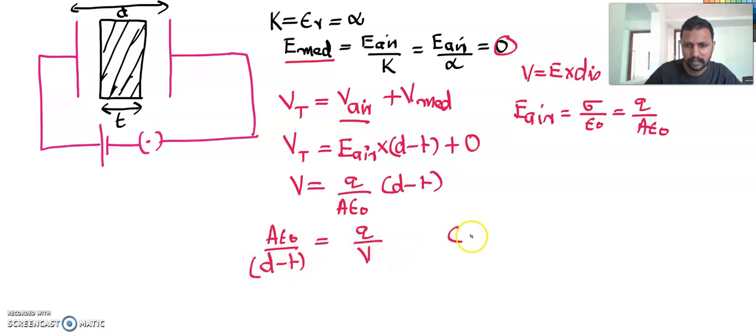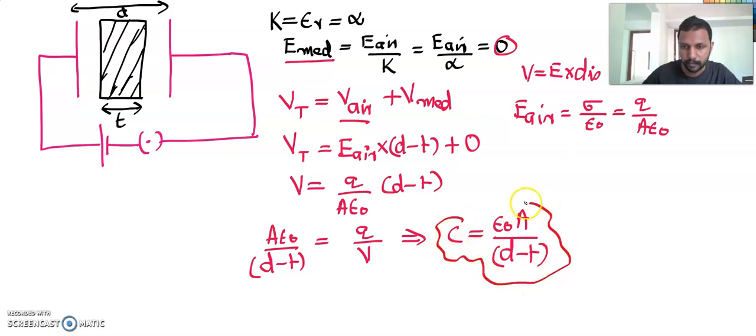Q by V is C. Therefore, C is equal to epsilon 0 A divided by D minus T. This is the capacitance of a parallel plate capacitor if it is partially filled with a conducting slab. The conducting slab is of thickness T. Okay, remember this formula also.